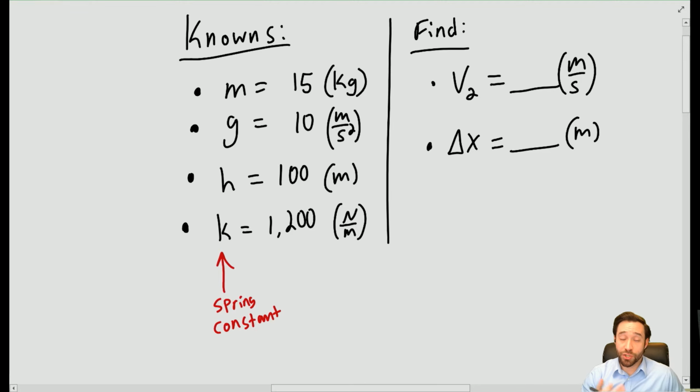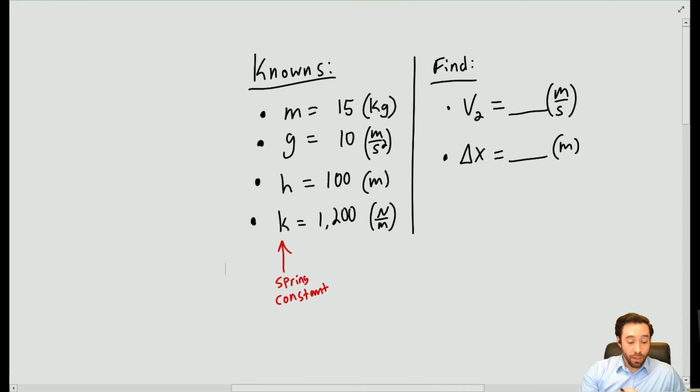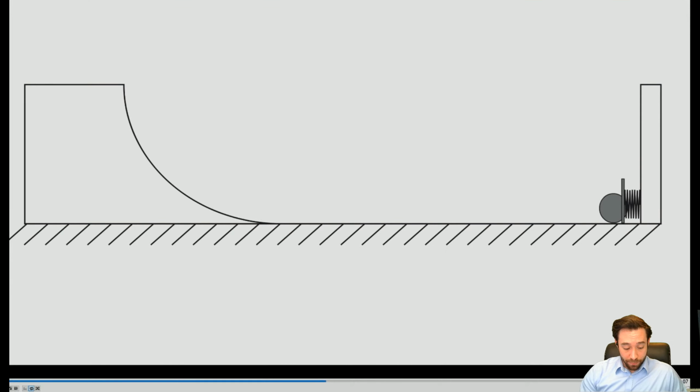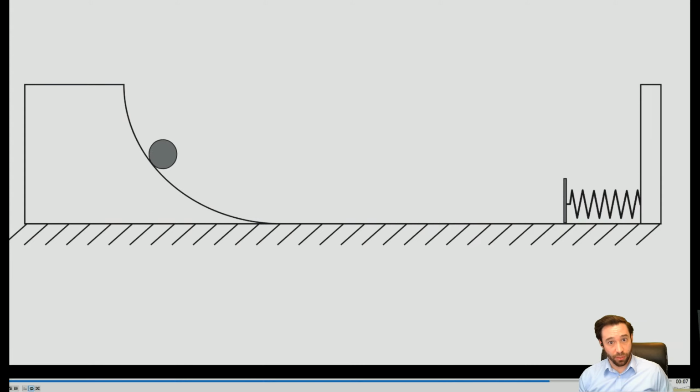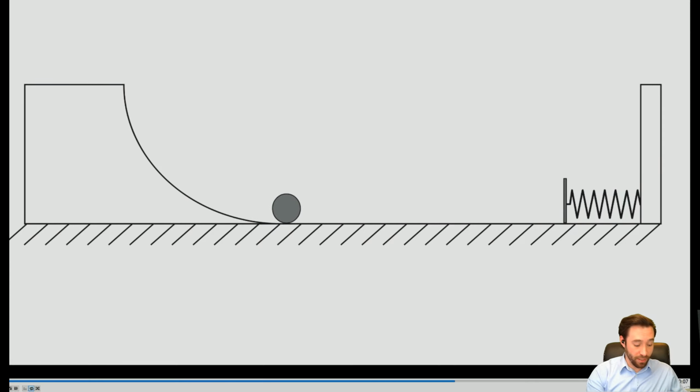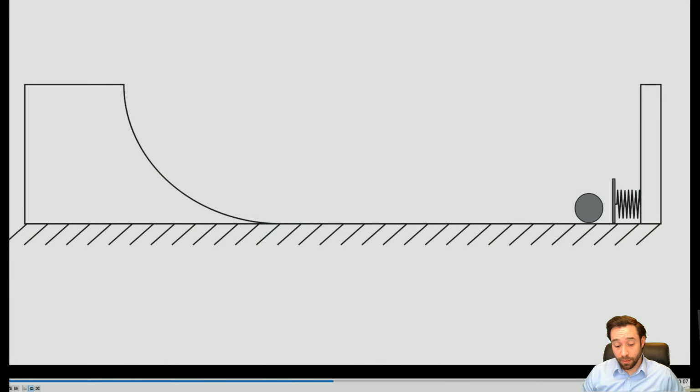So let me show you how we develop these equations. So like I mentioned before, all of the energy throughout this whole scenario is conserved. All right, we're assuming it's an ideal situation. There's no air resistance, there's no friction. So all the energy that I start with when I'm right here equals all the energy right here and when it's fully compressed. So they're all going to be equal to the same amount of total energy.